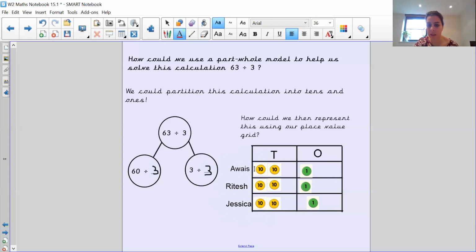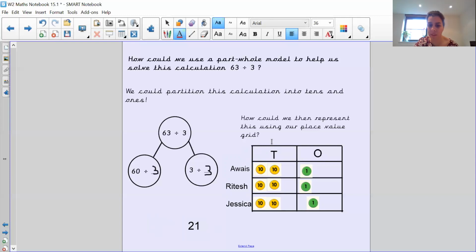And that will tell us our answer. So if I split 63 divided by 3, Wes gets 10, 20, 1. Ritesh gets 10, 20, 1. And Jessica gets 10, 20, and a 1. So my answer for 63 divided by 3 is 21.